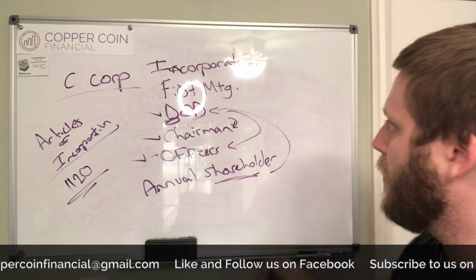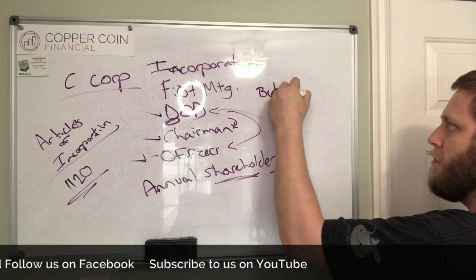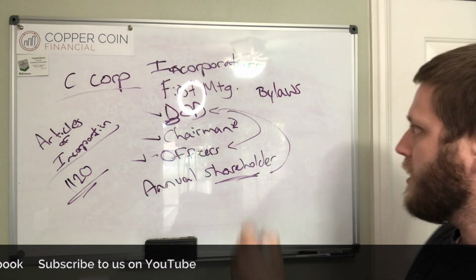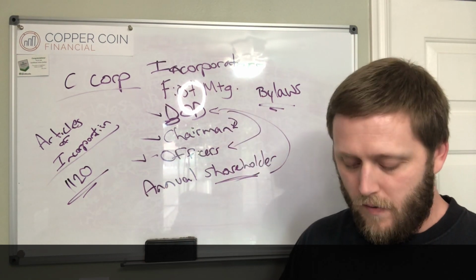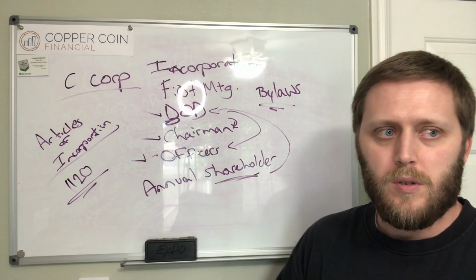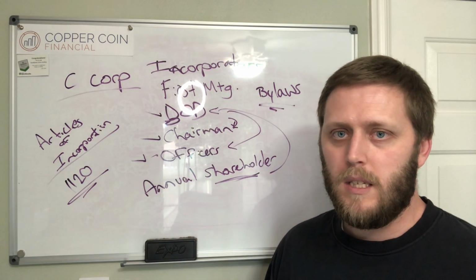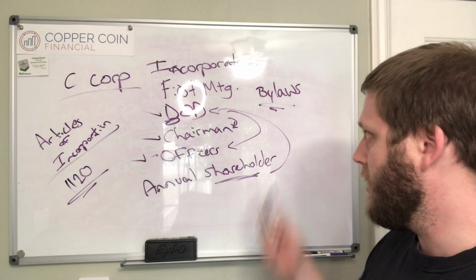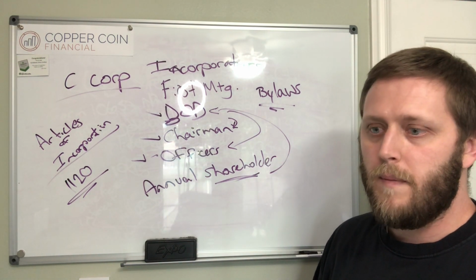Part of this first meeting, I almost forgot about this, is you're actually going to adopt some bylaws. Bylaws govern how the organization is run, from board of directors to shareholders to basically everything. It's the governing document, an internal document that governs how the organization is run.